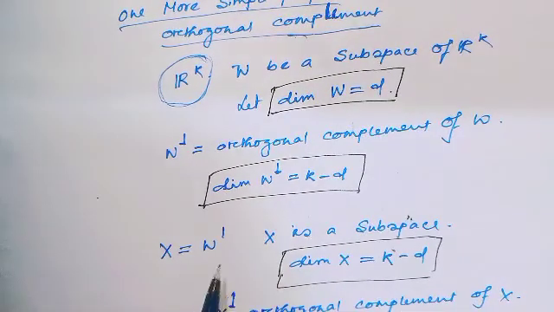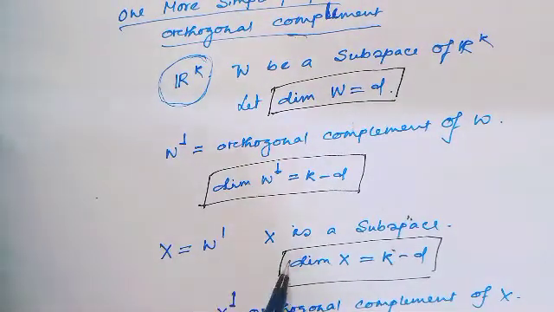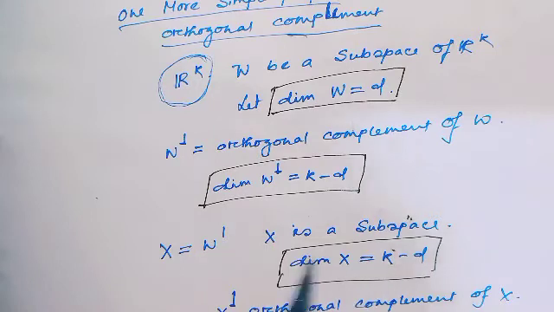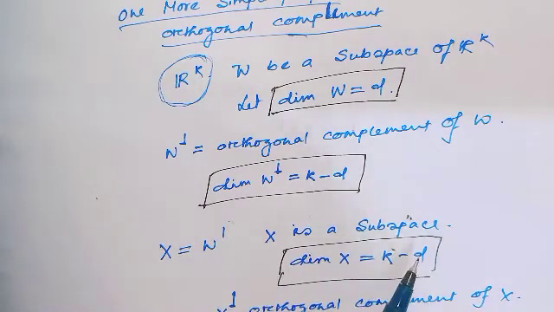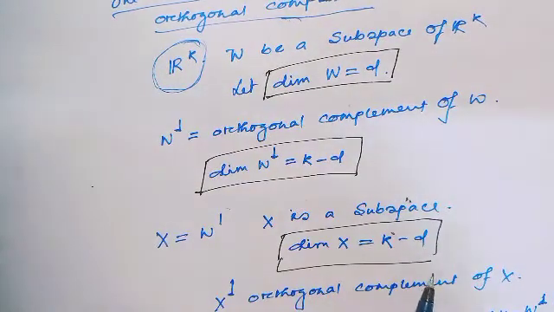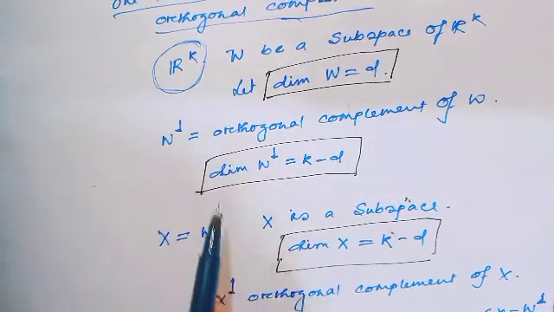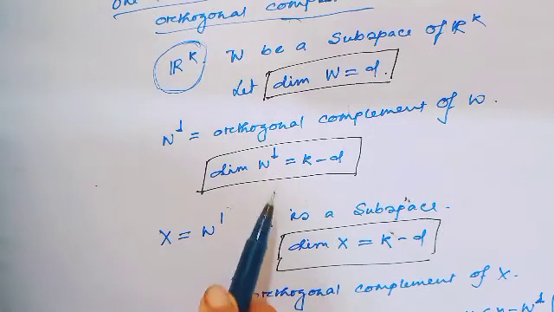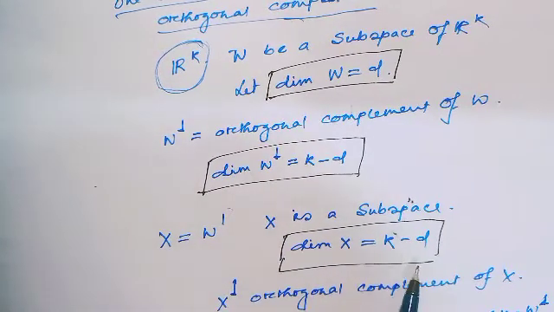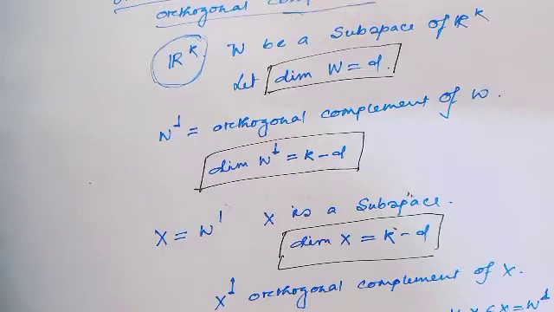And consider X equal to W perp. Then obviously X is a subspace, and since X equals W perp, the dimension of X equals k minus d.